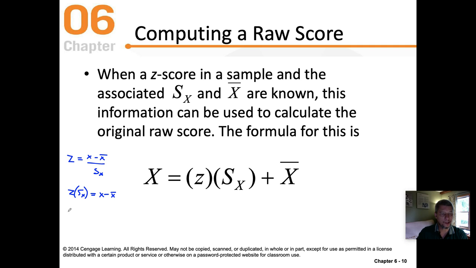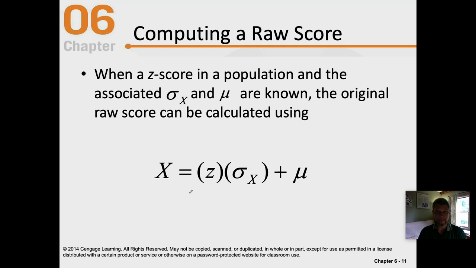Then you add x bar to both sides, and that leaves you with x, which is the formula that you see here. So x equals the z-score times the standard deviation plus the mean of the sample.